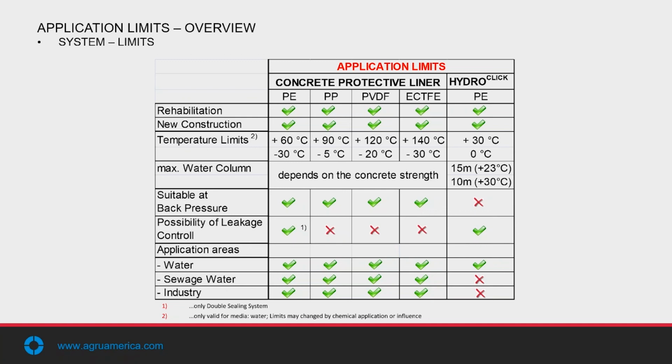Not a spike in temperature, but the constant overall operating temperature would be a maximum limit of 60 degrees Celsius, 140 degrees Fahrenheit. For polypropylene, that number is 90 degrees Celsius, which is 194 degrees Fahrenheit. For PVDF, it's 120 degrees maximum, about 240 degrees Fahrenheit. And finally, ECTFE is 140 degrees Celsius, which translates to 284 degrees Fahrenheit.